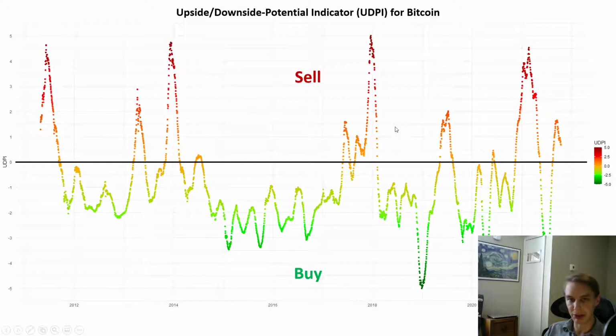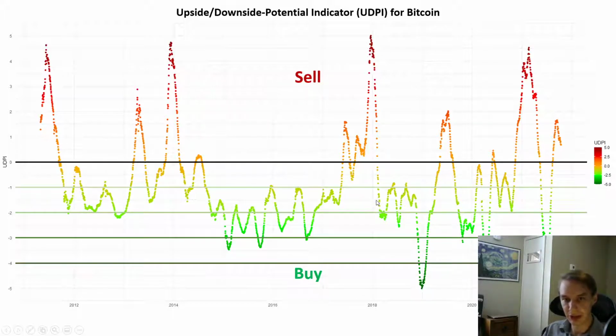You could do that with a dollar cost averaging approach, where you're just averaging in buys across those time points. But you might actually be able to maximize your return on investment a little bit better if you use kind of a weighted DCAing strategy. What you could do is set up kind of cutoff points. I've set these up at the -1, -2, -3, and -4 points. One could theoretically choose any points that they wanted throughout this range.